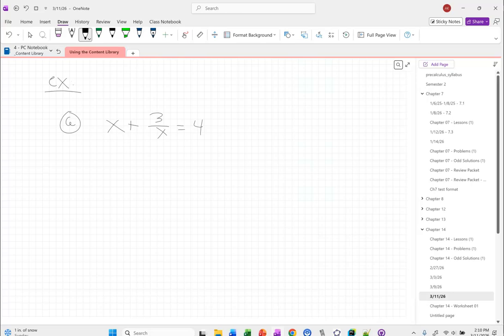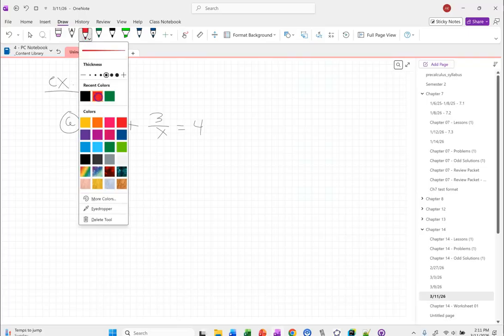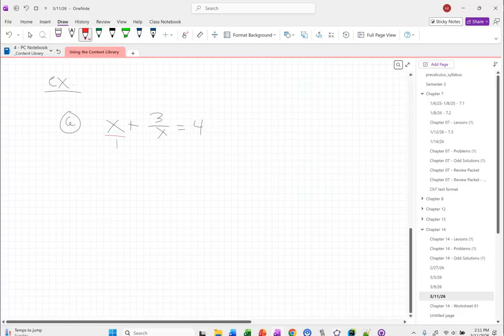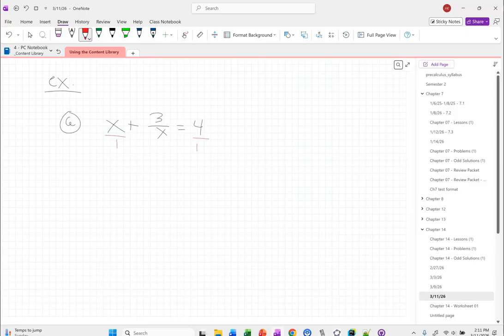To do that, I'm going to multiply both sides of the equation by the least common multiple of all the denominators. So if I look at this problem, my denominators are 1, x, and 1. Everybody's okay?